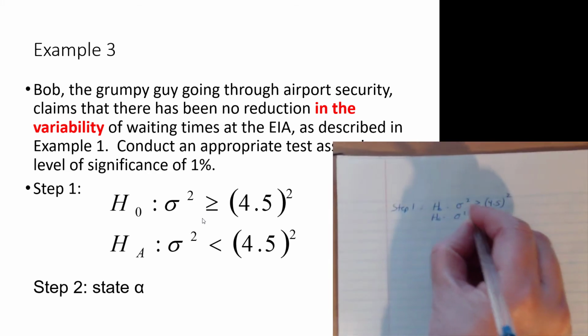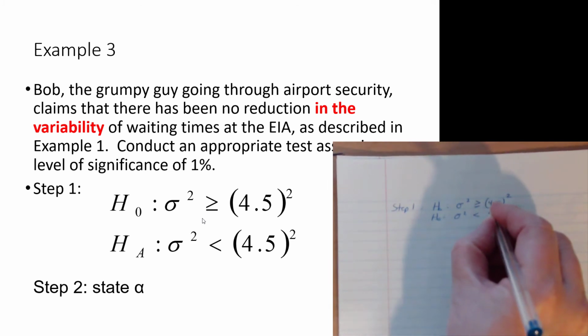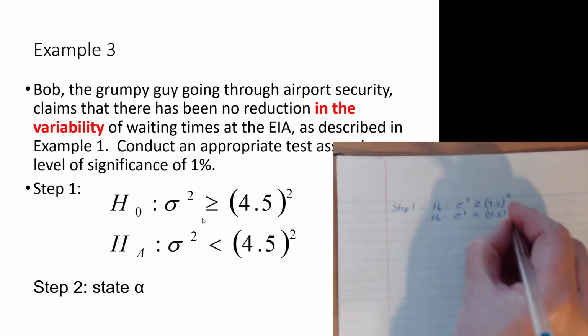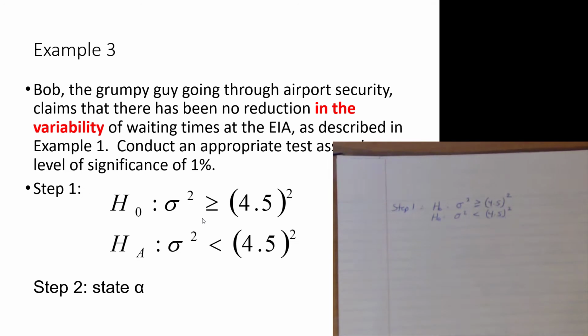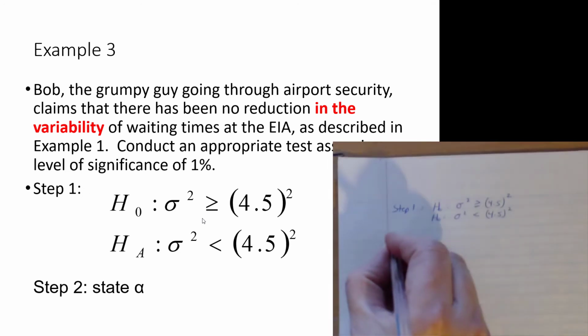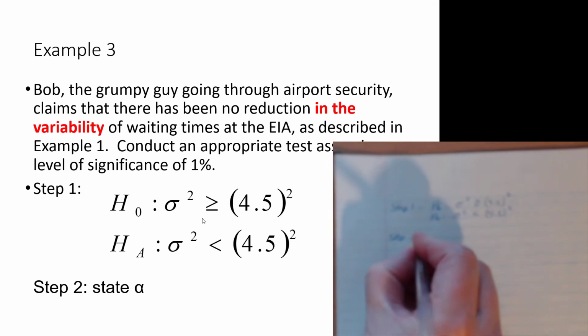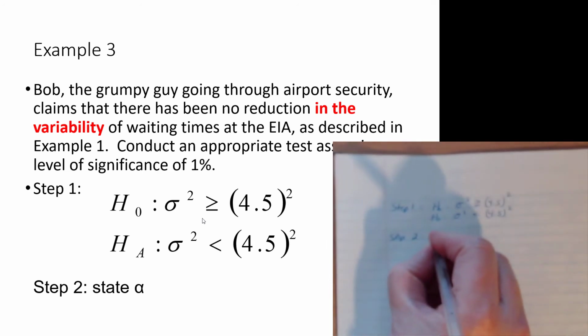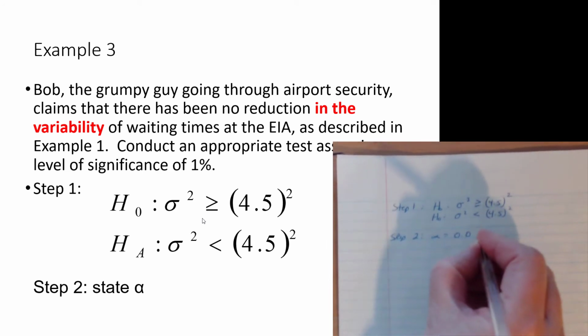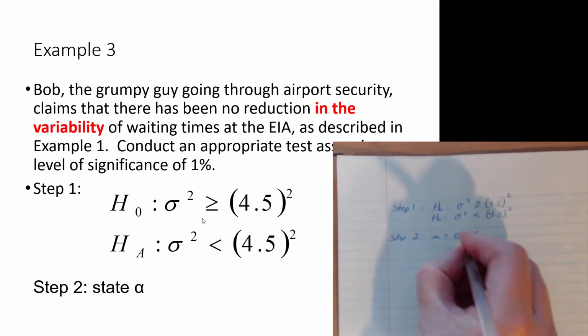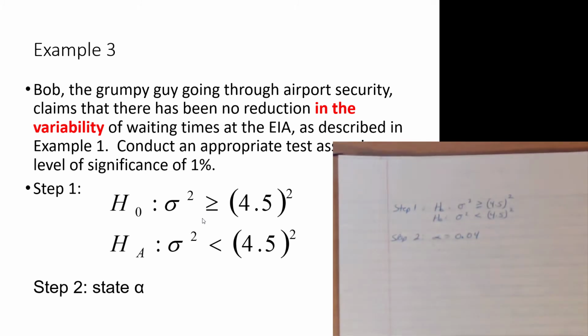And the population variance HA is the opposite. There has been a reduction, right? So it's less than 4.5 squared. Step 2, what's our alpha? Let's go 0.01. Again, we know the whole sophisticated issue of determining that alpha.